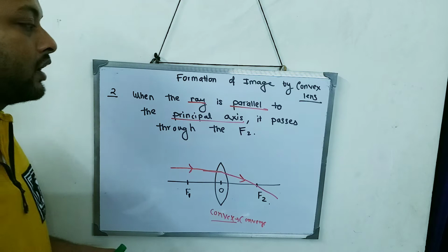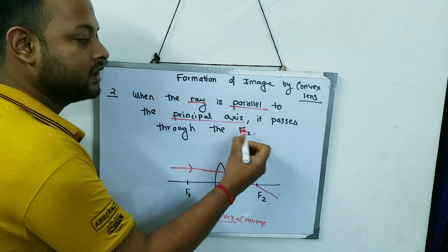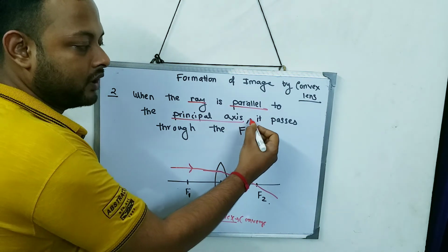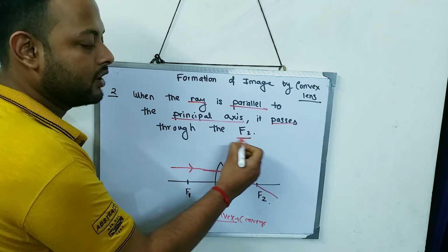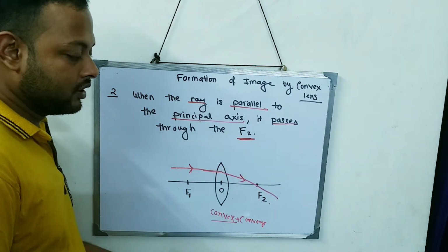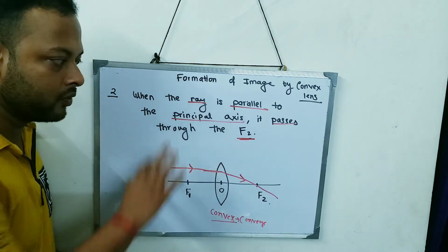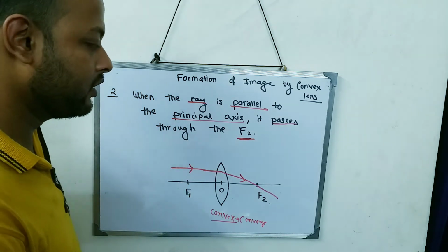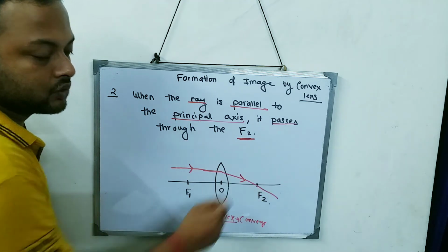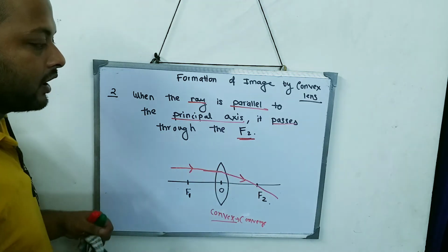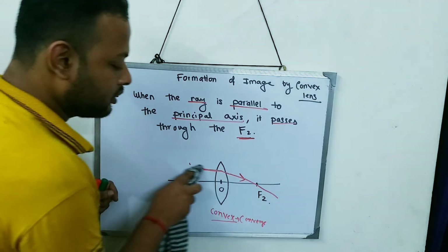So a ray which is parallel to the principal axis, after refraction passes through the second focus. So this is the ray diagram. I hope you understand the second rule of it. Second rule means what? Parallel, then passes through the second focus. And now the third rule.